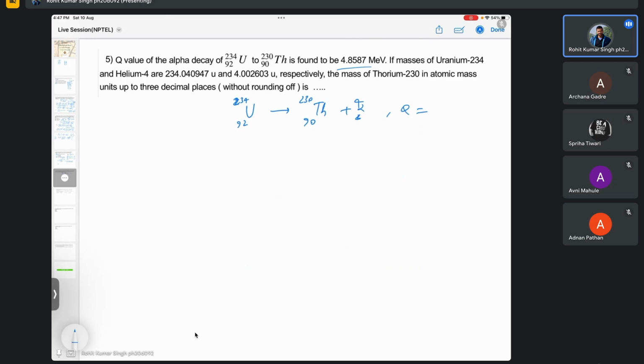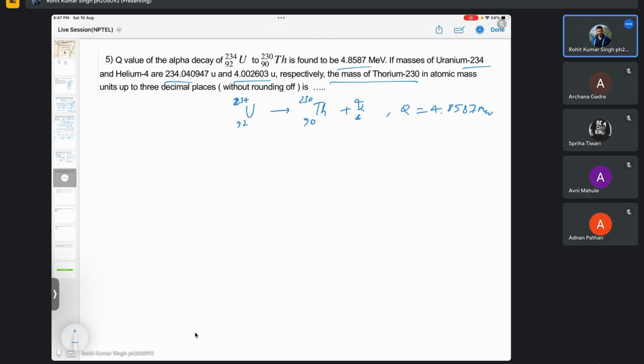The Q value is 4.8587 MeV. And again the masses of helium and uranium are given, and we have to find the mass of thorium in atomic mass units U.